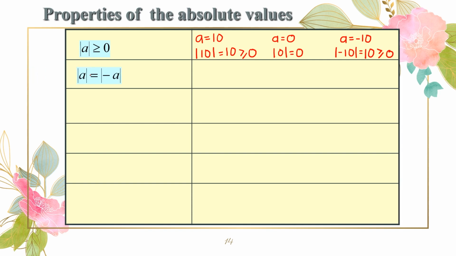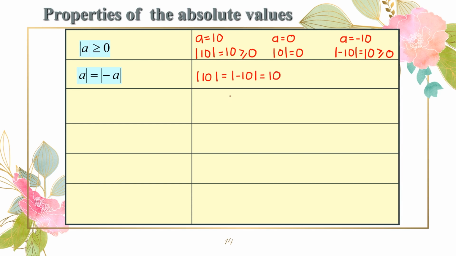The absolute values of a number is equal to its negative number which has absolute values on it. For example, absolute values of 10 is equivalent to absolute values of negative 10, because absolute values of negative 10 is 10.